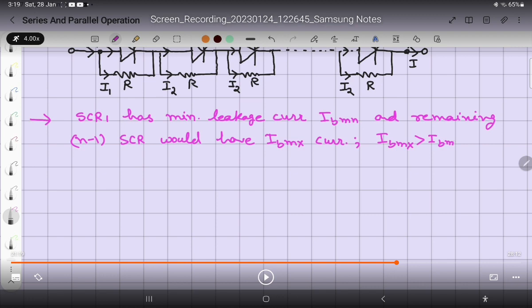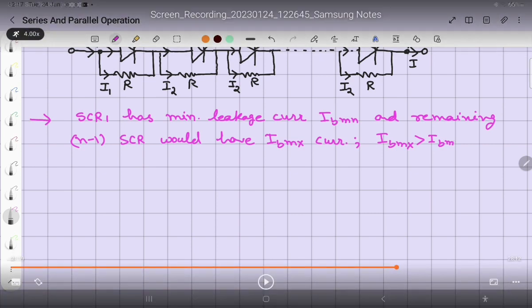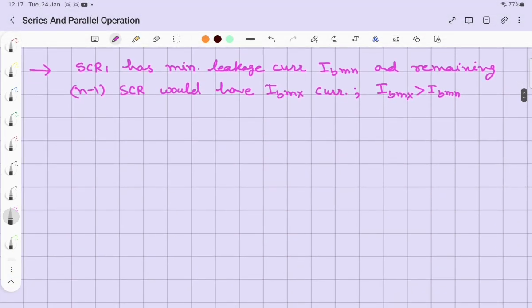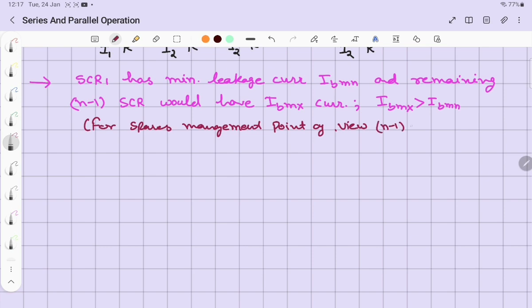So because of this reason, we assume that we connect a static equalization resistance of value R across each SCR, and the current which is going through SCR1 is the minimum leakage current IBMN, and the remaining SCRs would have the maximum leakage current IBMX.